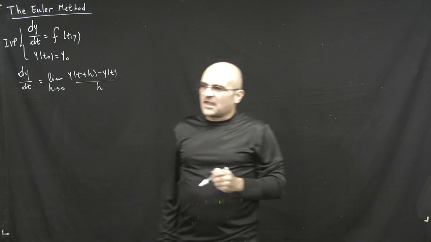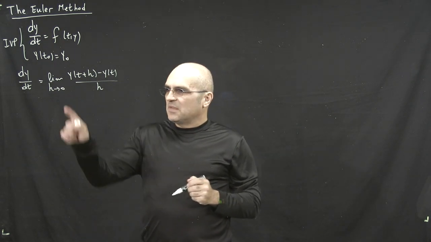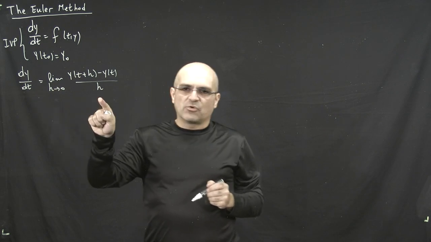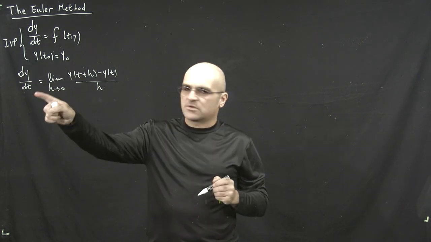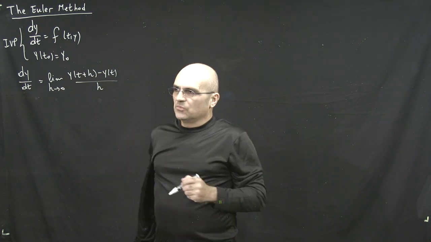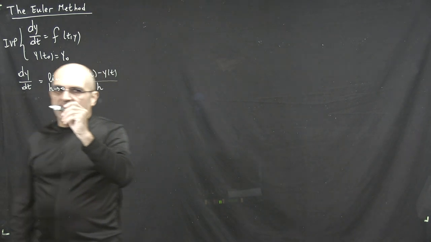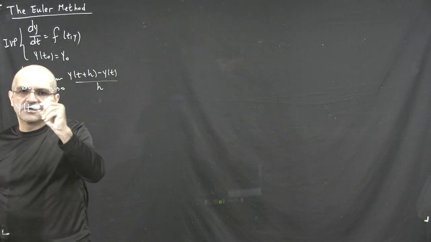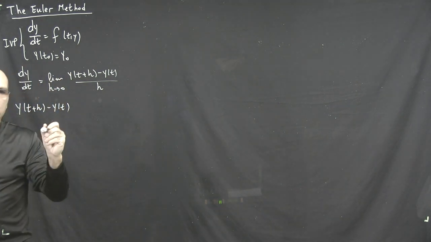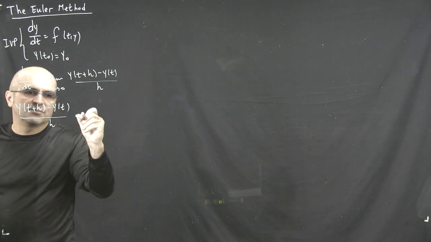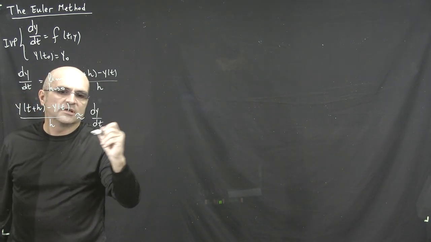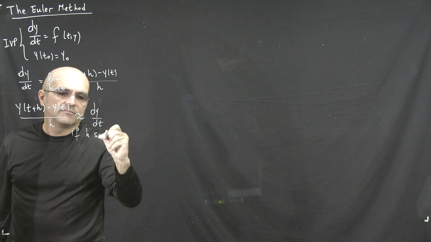So that means if I drop the limit sign, I can put the equal sign between these two if h is small enough. In other words, I can approximate the derivative with the difference quotient itself. So you could say that y of t plus h minus y of t divided by h is approximately equal to the derivative of the function if h is small.